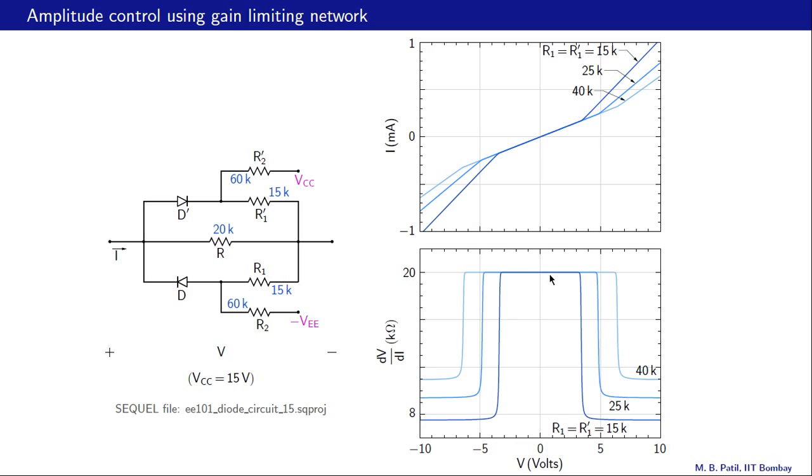So in this region of the voltage, the resistance is constant, and then on either side it starts dropping because one of these diodes starts conducting. And our gain limiting happens when this resistance falls here.